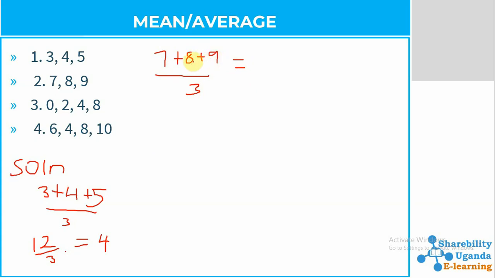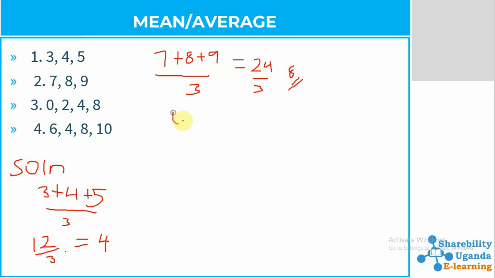You get 17. 17 plus 7, we get 24. Is it right? 17 plus 7, we get 24. By 3, you find yourself getting our 8. Okay.